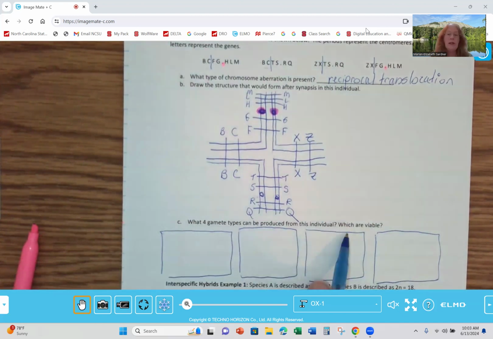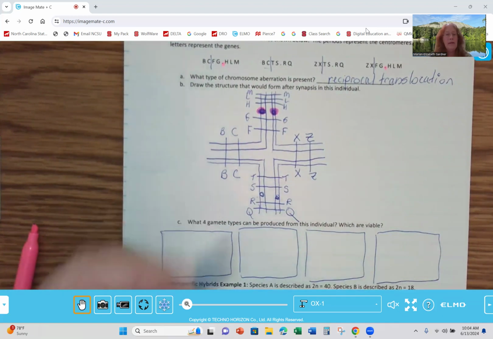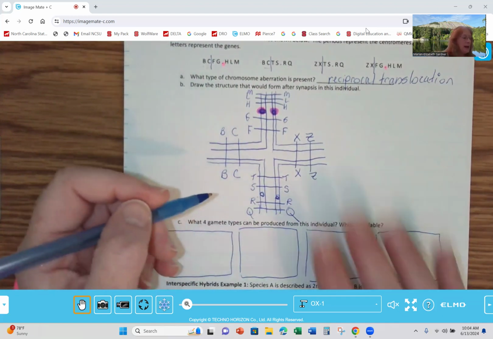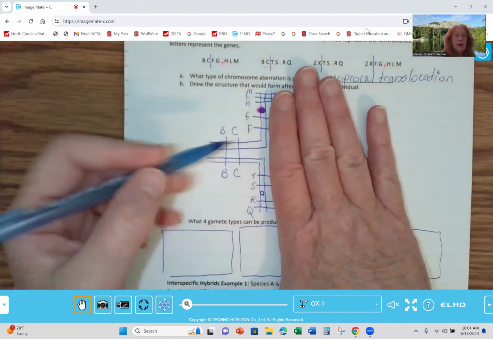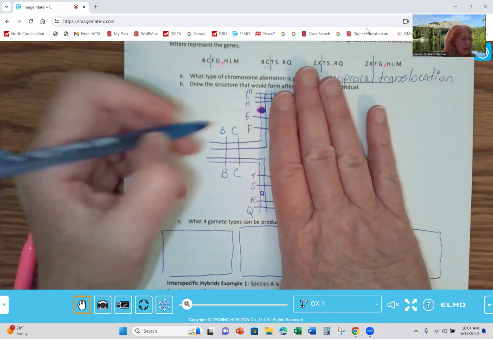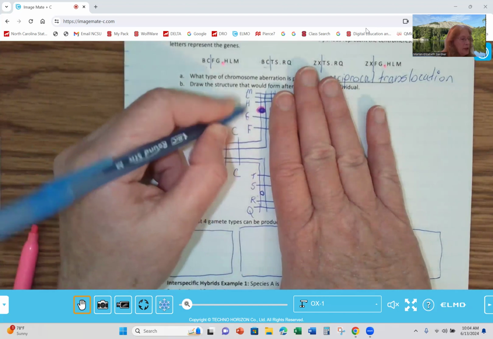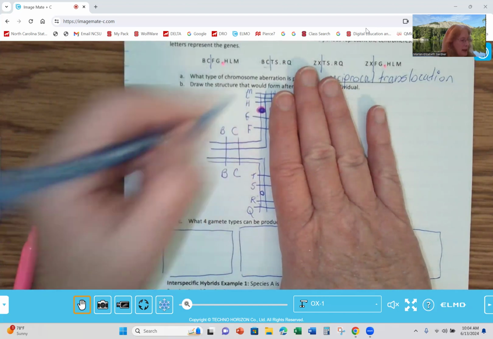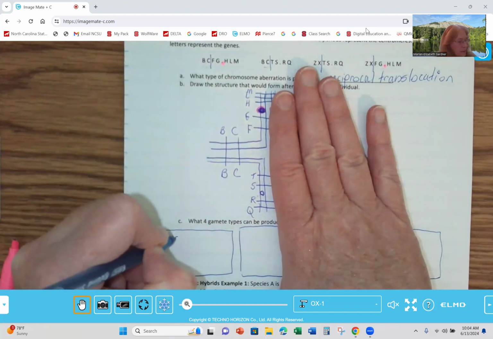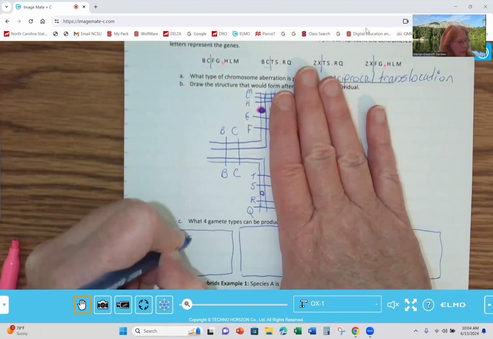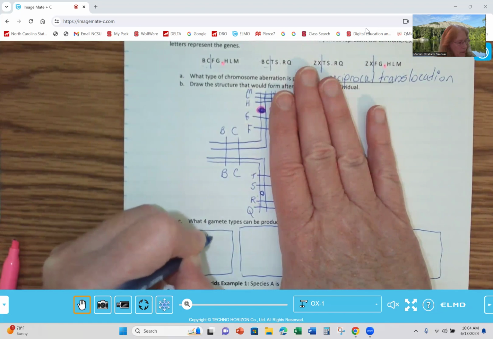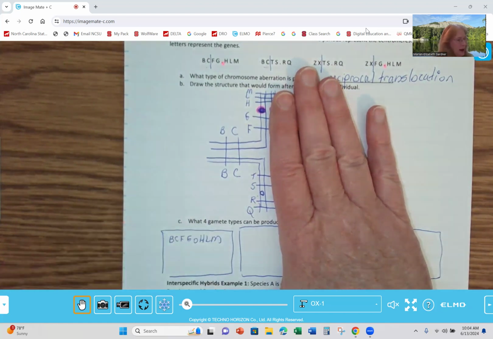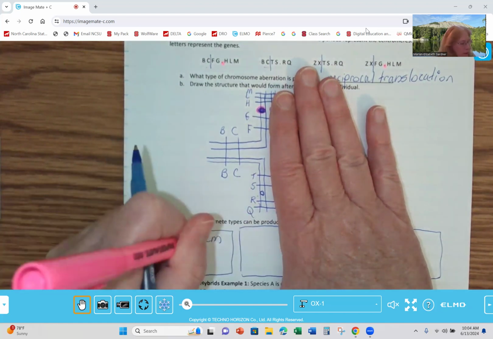The other part of this question says, which are viable? In order to be viable, we have to have exactly one copy of each of the genes at the end of the day. So I'm going to start by looking at the ones on the left. B, C, F, G, centromere, HLM, and this is our pink centromere.